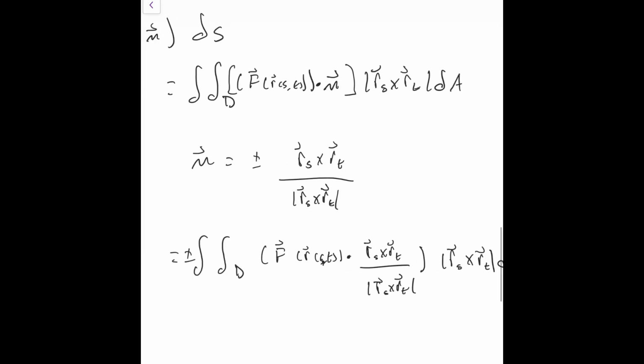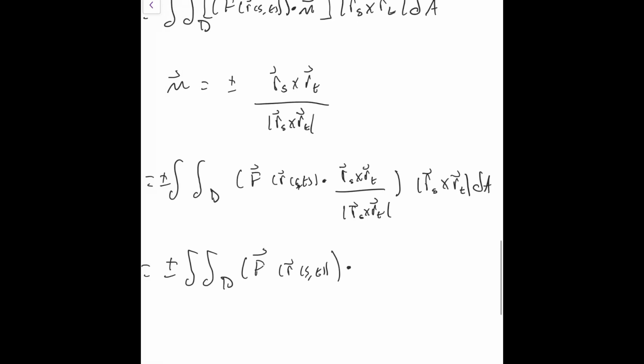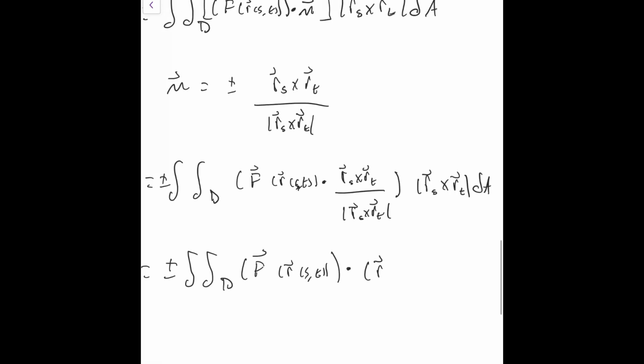This is actually plus or minus that. And this is equal to plus or minus the integral over D of f of r of st dotted with rs cross rt dA.